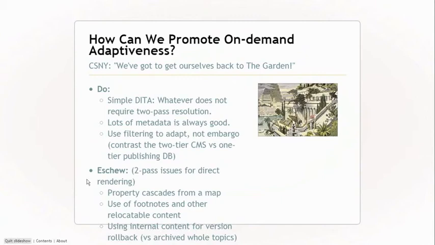The use of footnotes and other relocatable content is sometimes problematic, and again, that's because unless you filter that material out, it's possible that in your viewing pass you might conref content that had been flagged for removal, but if you hadn't removed it, your conref will still pull that information in.